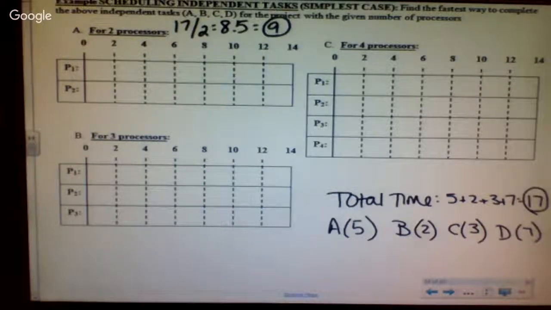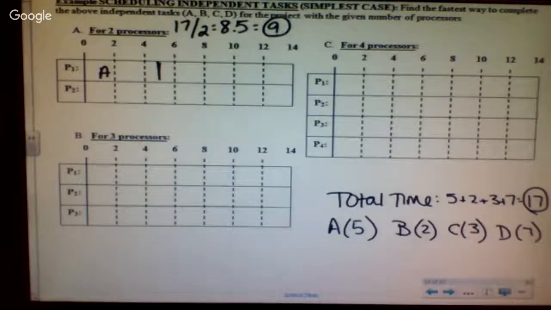So processor 1 is going to do 2 things. Processor 2 is going to do 2 things. What 2 things would you like to give processor 1? 5 and 3. Okay, that gives me 8. So A takes 5. You put A and you go out to the 5 and draw a line.